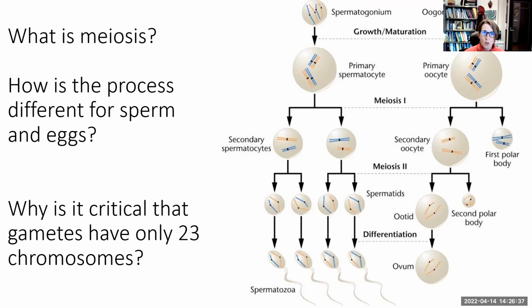Yeah. So meiosis in men from start to finish takes about 60 days. In women, it can take 40 years, 30, 40, 20 years, 15 years, depending on when that egg develops, right? So not all eggs are developing at the same time.